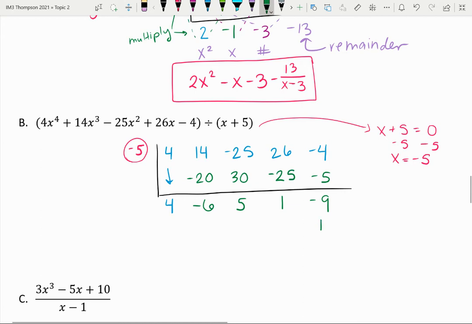The last number is always the remainder. I started with x to the 4th and I lost an x. So that means my biggest term here is going to be x cubed. And then I go down from there. X cubed, x squared, x, a number, and then a remainder.